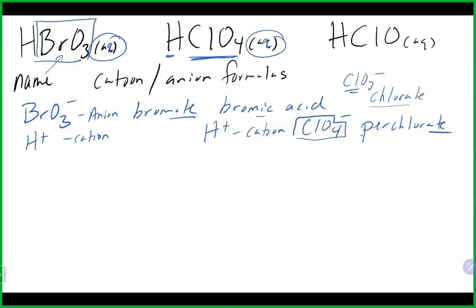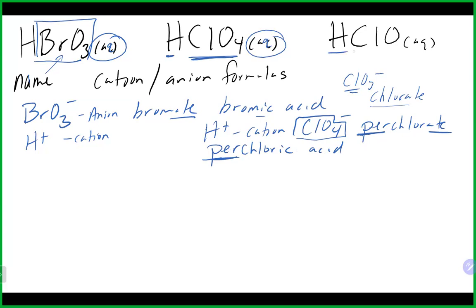We actually do keep the per part here, so this is what is known as perchloric acid. You do need to keep the per in front of that. Any questions on that one there?